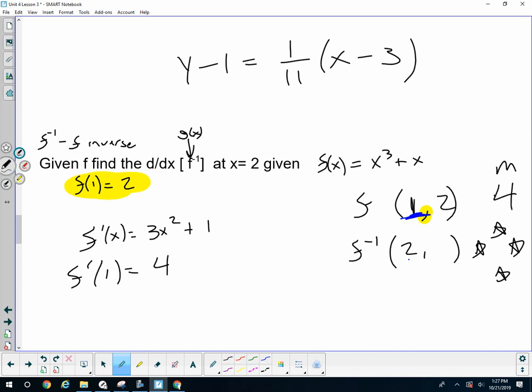Since the derivative of f at 1 is 4, the derivative of f inverse at 2 is 1/4. Okay?